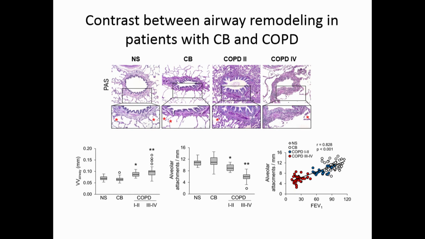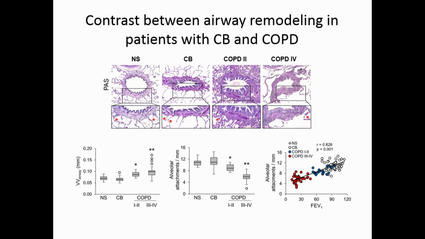However, in COPD, there's a progressive increase in airway wall thickness, which is well described in the literature. Interestingly, the alveolar attachment numbers are also similar here in constrictive bronchiolitis, and those progressively are reduced in COPD. Of a variety of pathological parameters that we evaluated, which I won't show you all here, this is by far the best predictor of FEV1.